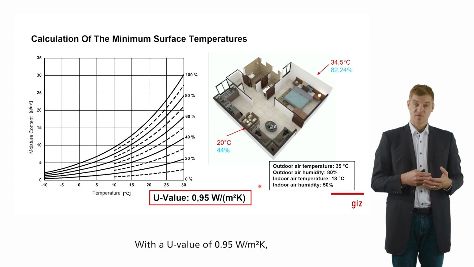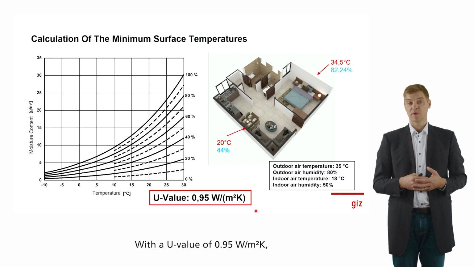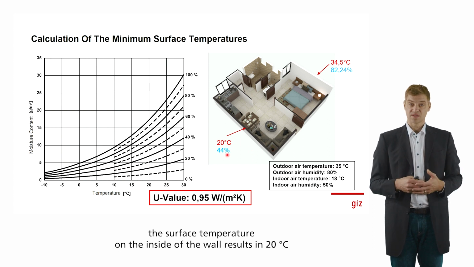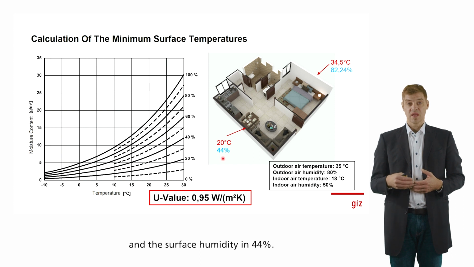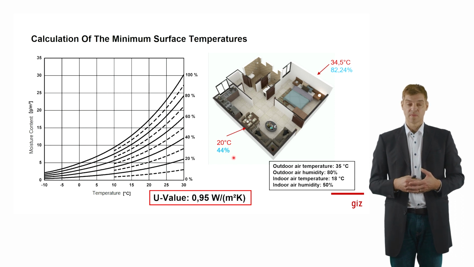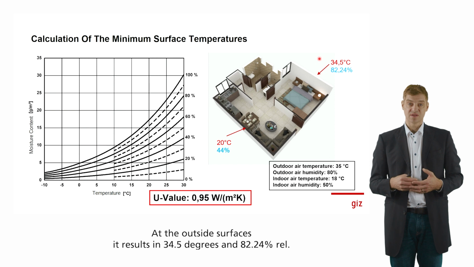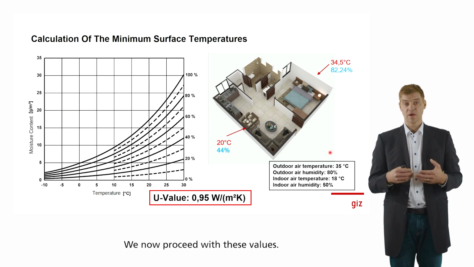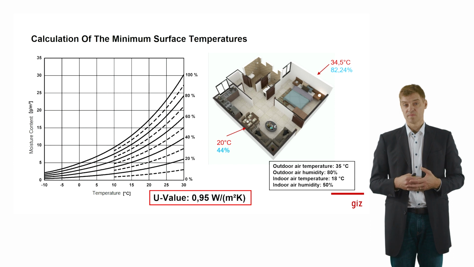With a U value of 0.95 watt per square meter Kelvin, the surface temperature on the inside of the wall results in 20 degrees Celsius and the surface humidity in 44%. At the outside surface it results in 30.4 degrees and 82.2% relative humidity at the surface. We now proceed with these values.